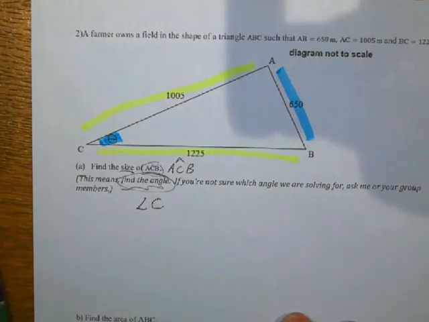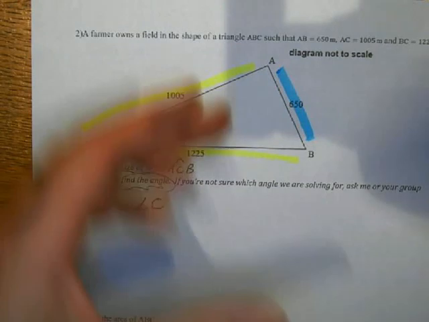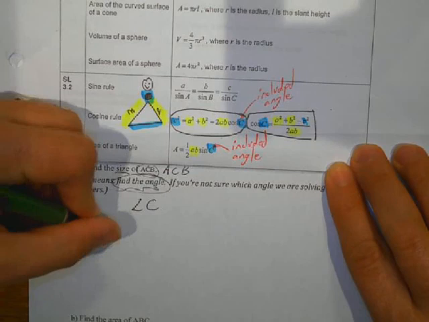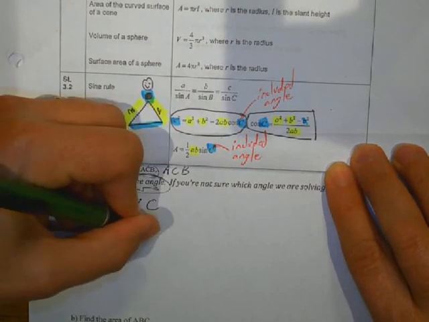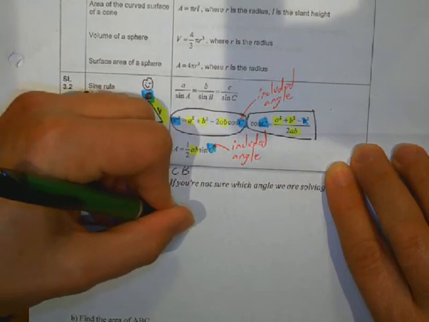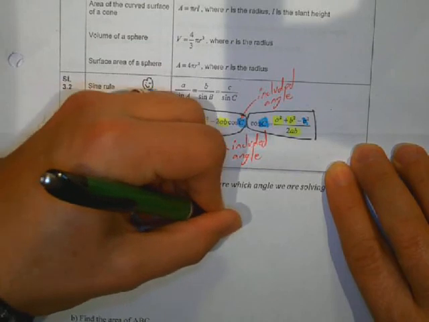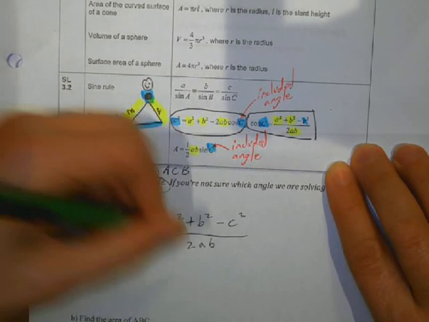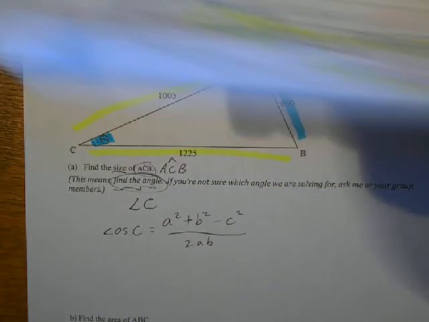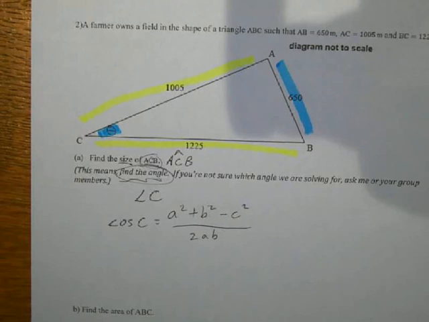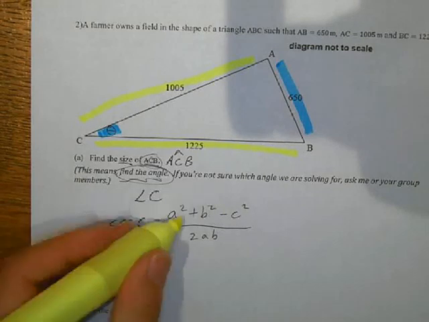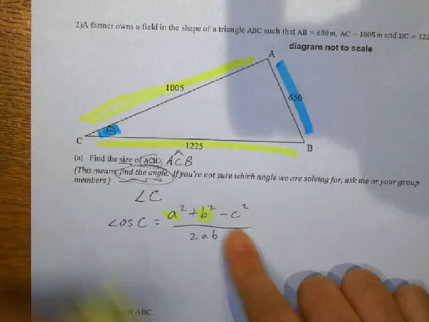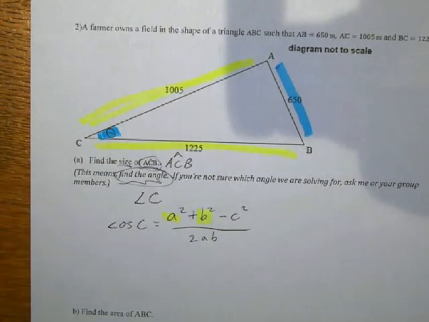So let's write that formula down again. Cosine C equals a squared plus b squared minus c squared all over 2ab. As I said before, since these are on either side of our included angle, those are the positive ones.